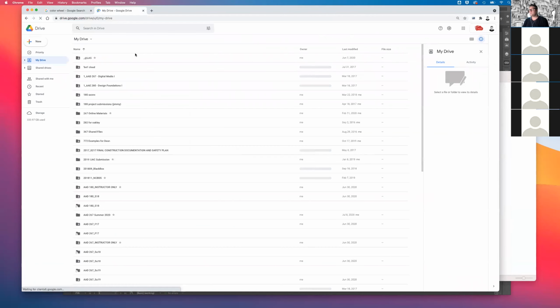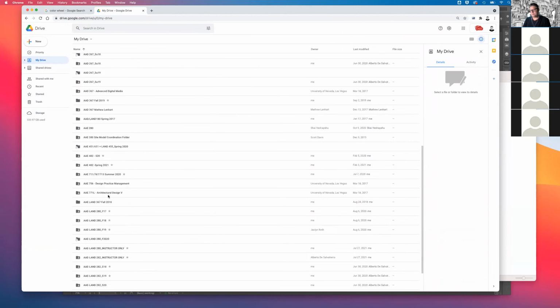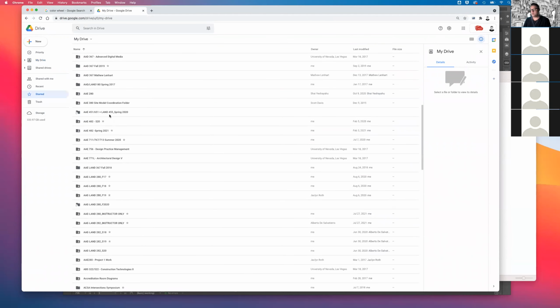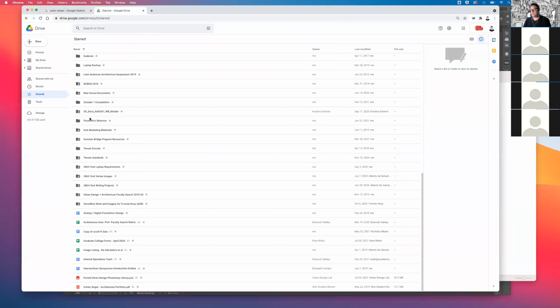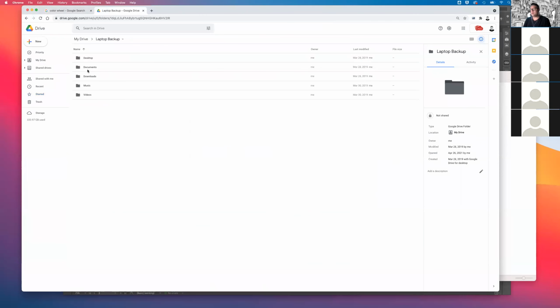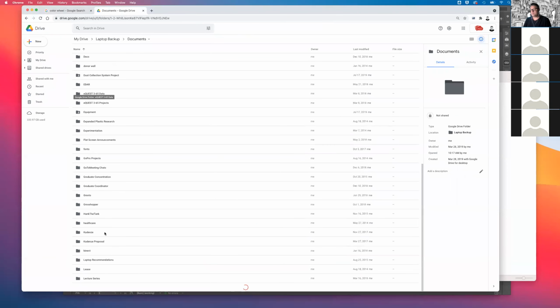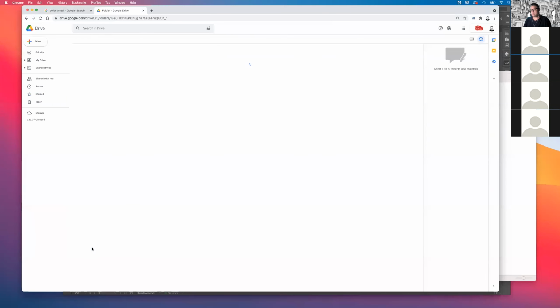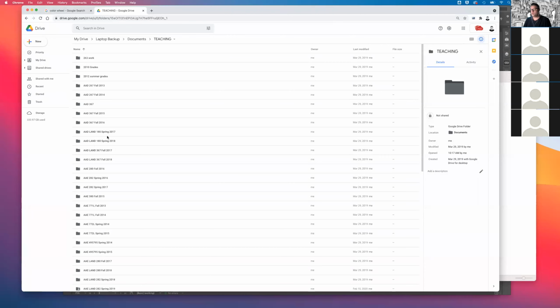drive.google.com. Starred. Laptop backup. There we go. It's probably in here somewhere. Documents. Teaching. Maybe this one.